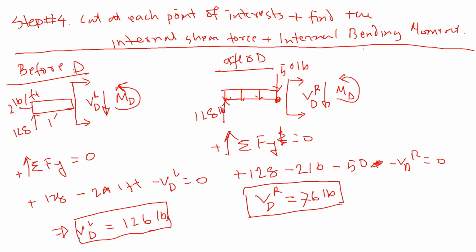Now let's find the moment. Let's take moment at D, summation of all moment equal to 0. Then 128, which will make a clockwise moment, times 1 foot away from D. That 2 pound uniformly distributed load will do a counterclockwise, so that's positive, and that is 0.5 feet away from D, plus that internal balancing moment, everything is equal to 0.